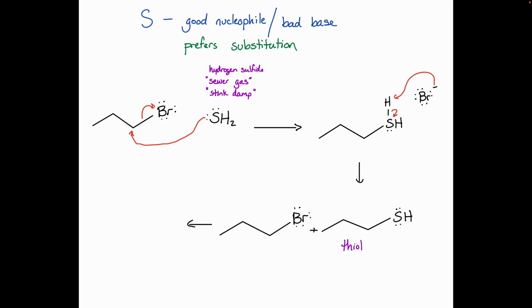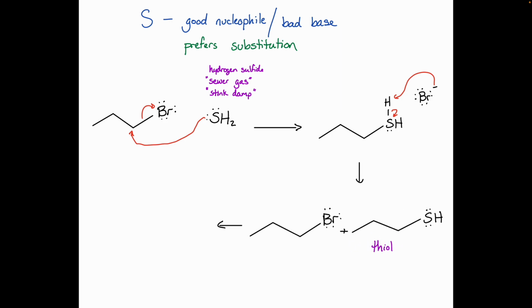And so we won't end up creating a thiol. We're going to end up creating a sulfide. Right? That's analogous to an ether kind of molecule here, where our sulfur is sandwiched in between these two carbons.